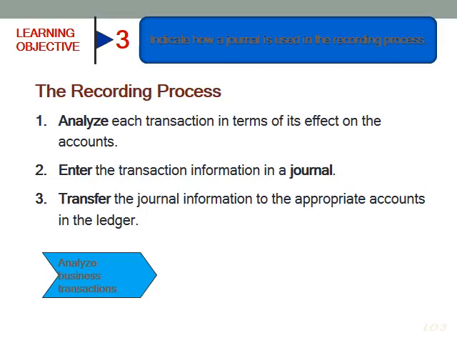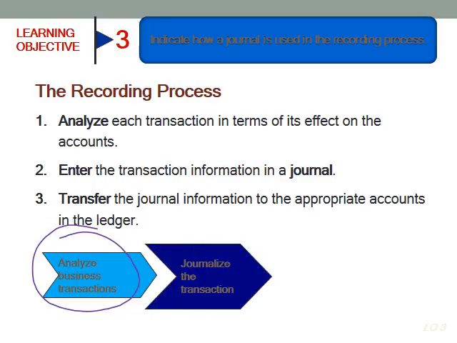All right, so now we're going to go back to those same 11 transactions that we looked at with increases and decreases, right, in the analyzing section. And now we're going to go ahead and record those in debits and credits.